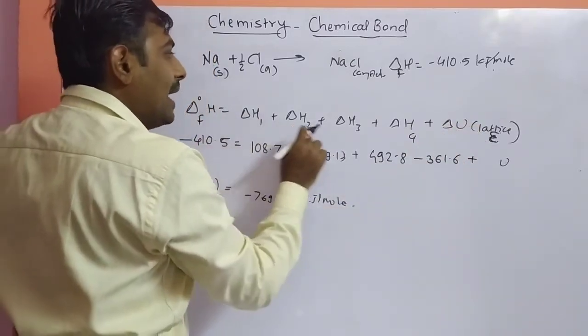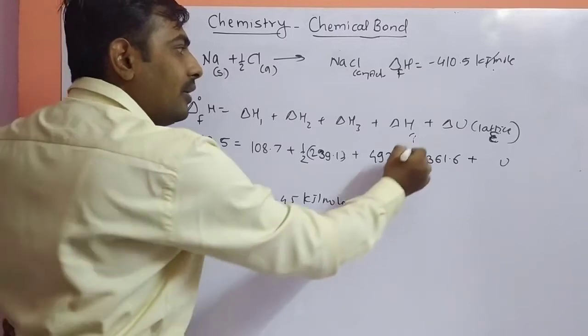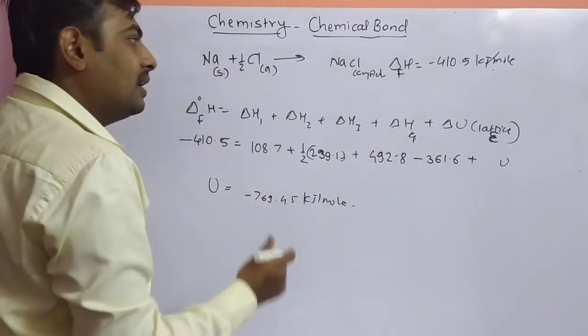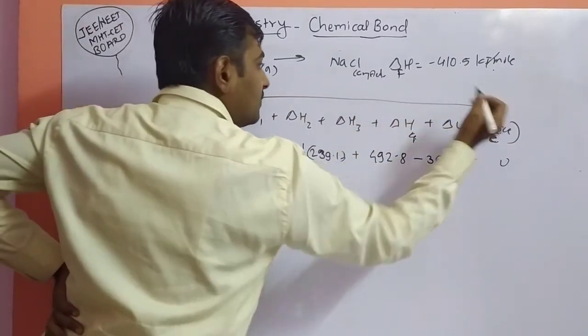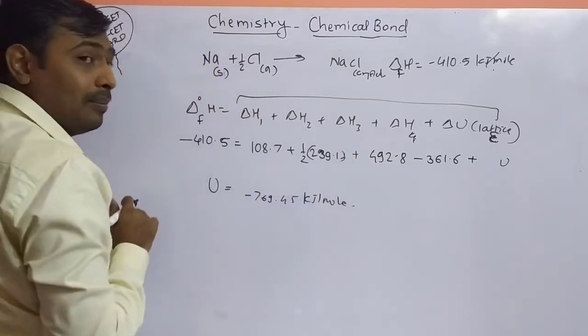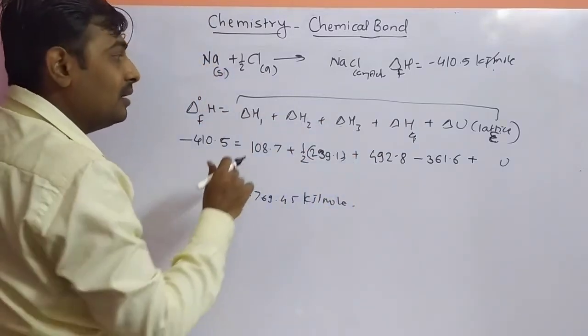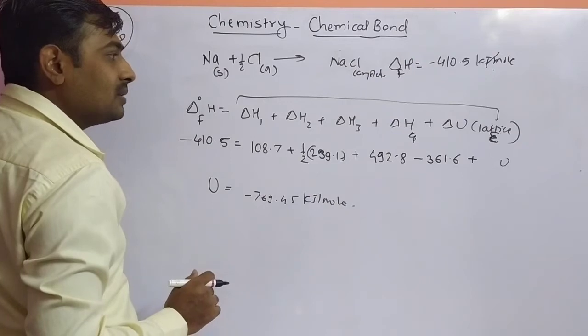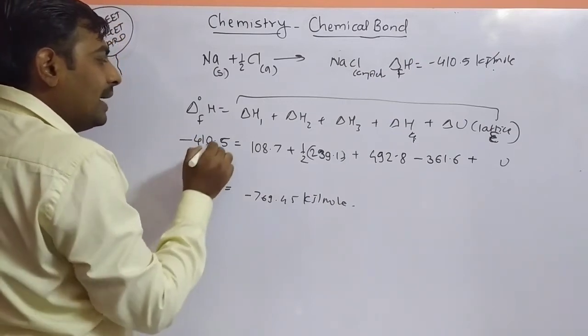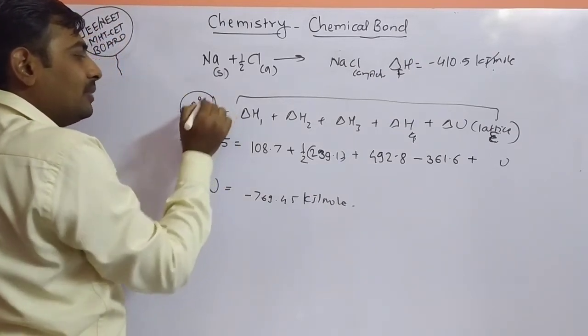When you add all these four, the energy required for these four will be the same as the energy of this step. So what is the enthalpy of formation of this reaction?